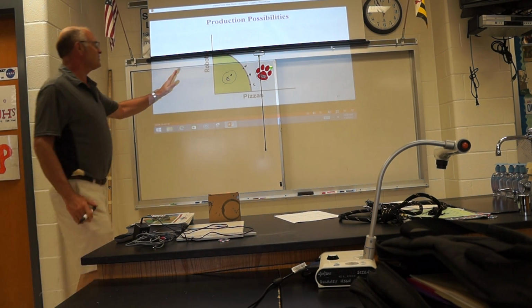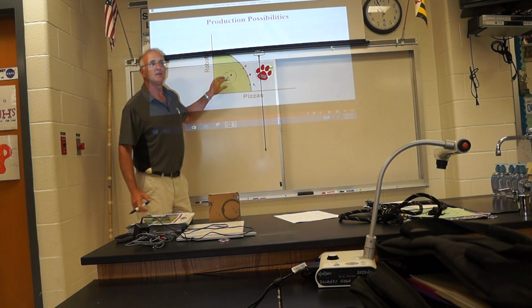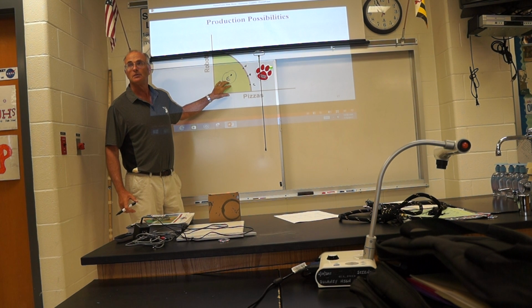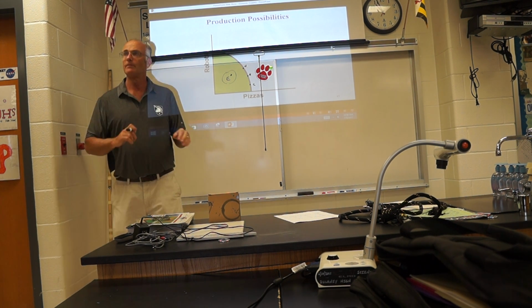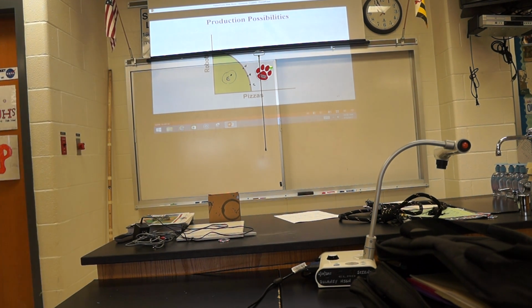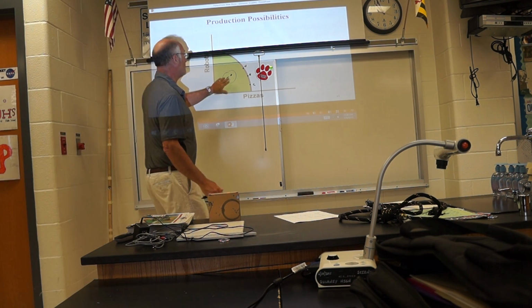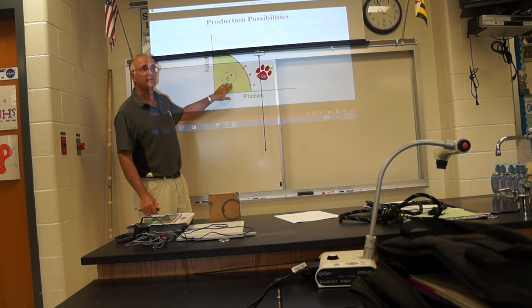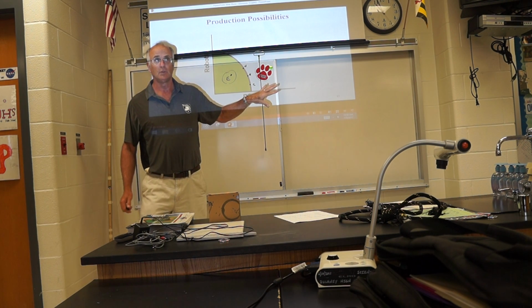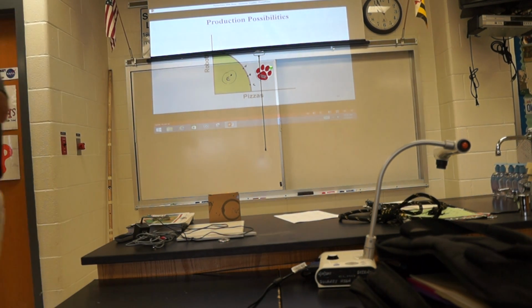Is this a change in quantity or quality of people? No. Why not? Because there's just less people working, but that doesn't mean that there's a change in how many people are there. So there's just less of the workforce working, which is right. So notice, this is not a shift in the curve. This is just moving inside to show you that you're not using your resources effectively.